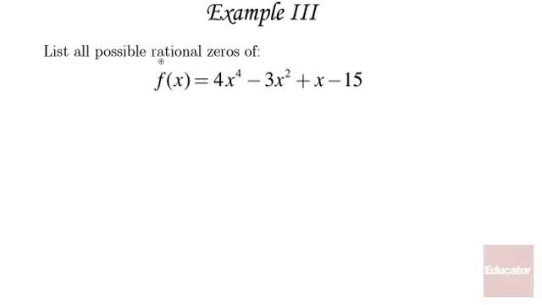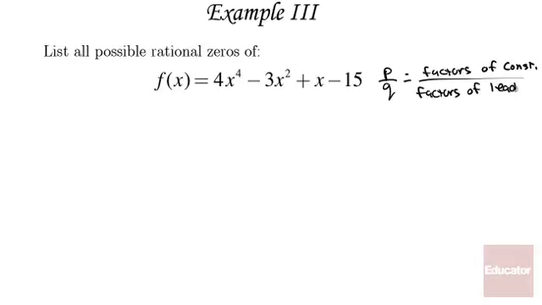Okay, list all possible rational zeros of this function. So I'm going to be looking for P over Q, which equals the factors of the constant over factors of the leading coefficient.